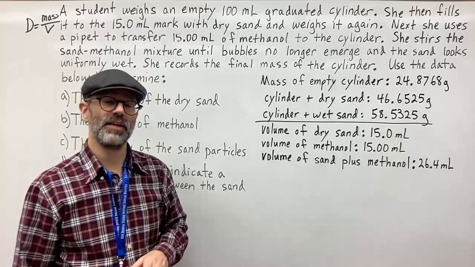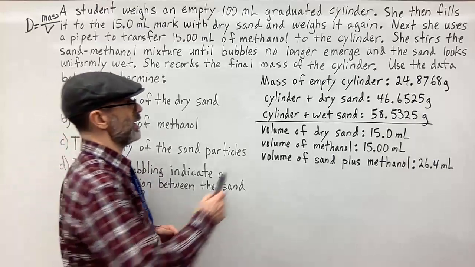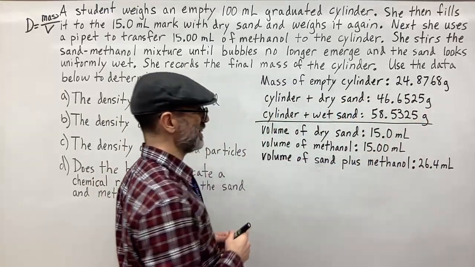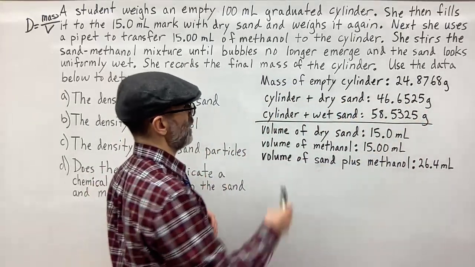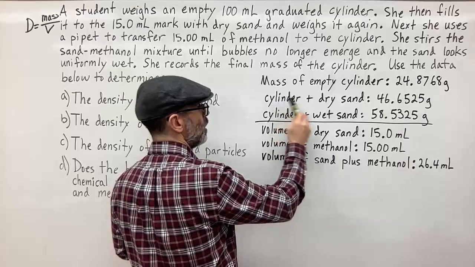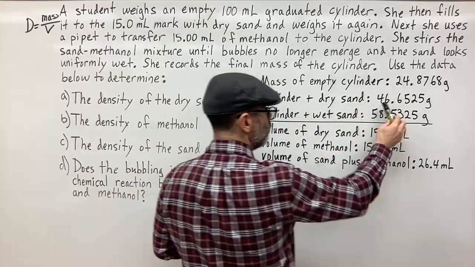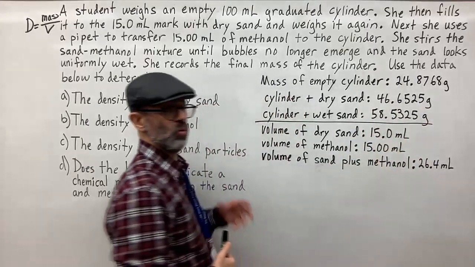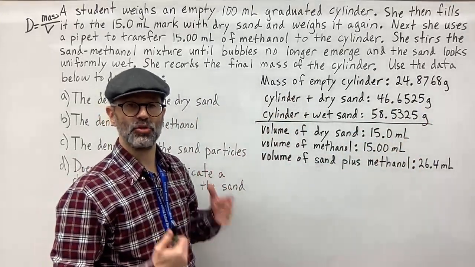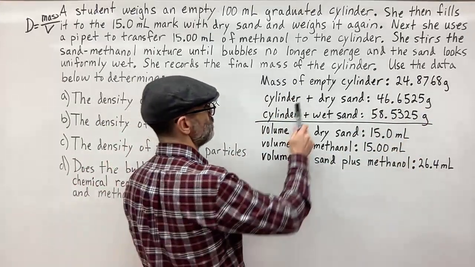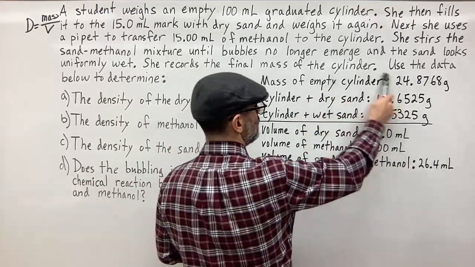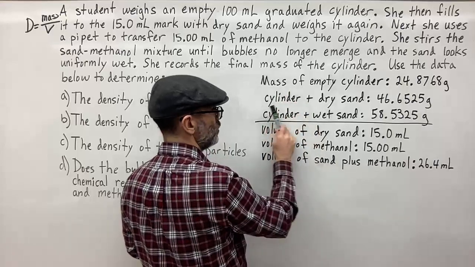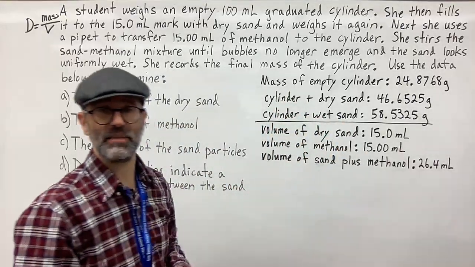To find the density of the dry sand, notice we have the mass of the empty cylinder, 24.8768 grams, and the mass of the cylinder plus the dry sand, 46.6525 grams. We can find the mass of the dry sand by subtracting out the mass of the cylinder. Since this is the cylinder and the dry sand, subtract out the cylinder and what's left is the mass of the dry sand.